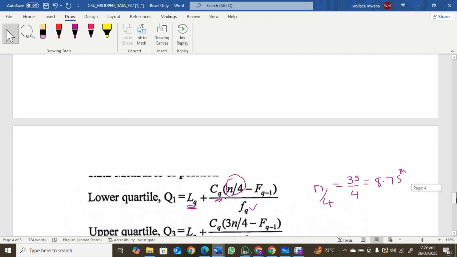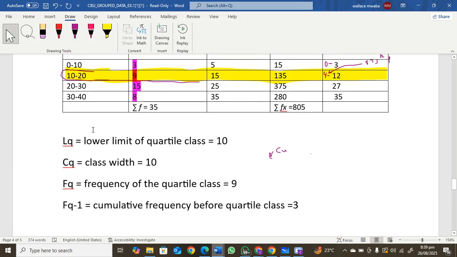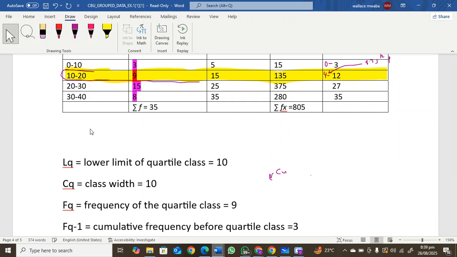And then n divided by 4 is the position of the quartile class, which is 35 divided by 4, which we said is 8.75.